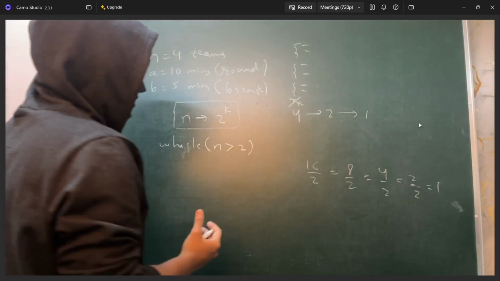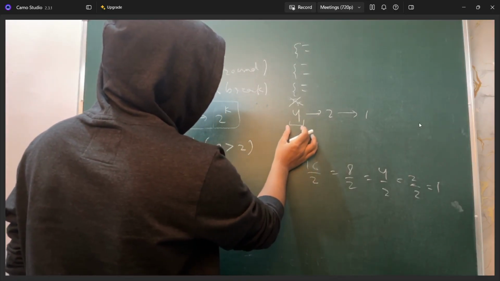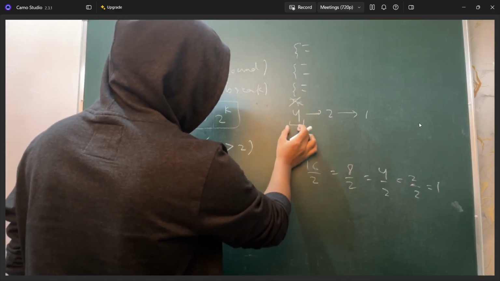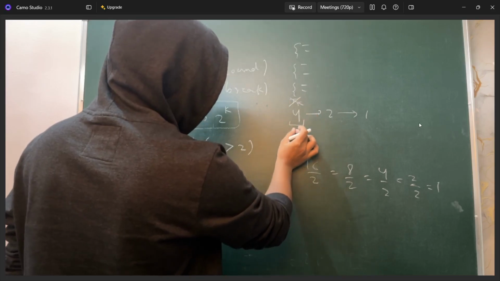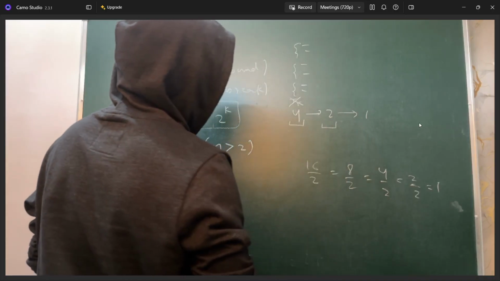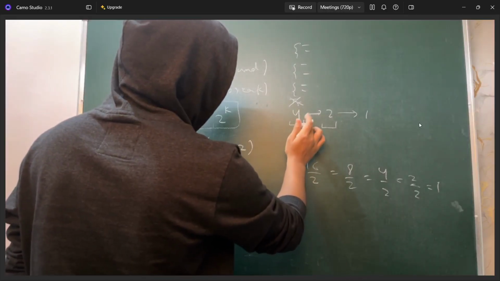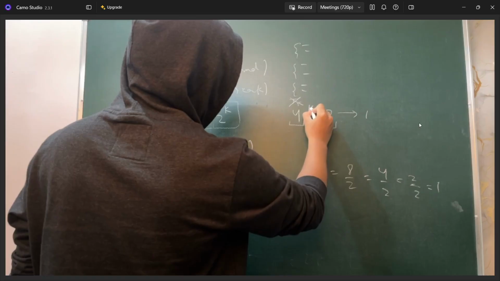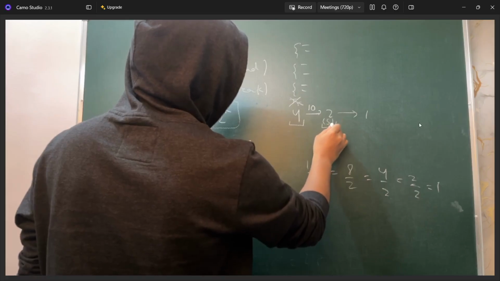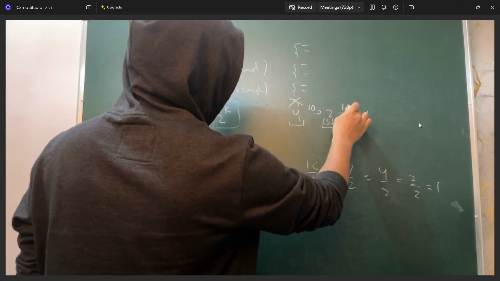So if you try to see, here we had the teams competing with each other, right? Whenever they were competing with each other, it was taking 10 minutes of time. And when they were moving to the next round, they were taking 5 minutes of rest. And then in order to compete, these 2 teams were taking 10 minutes of time.